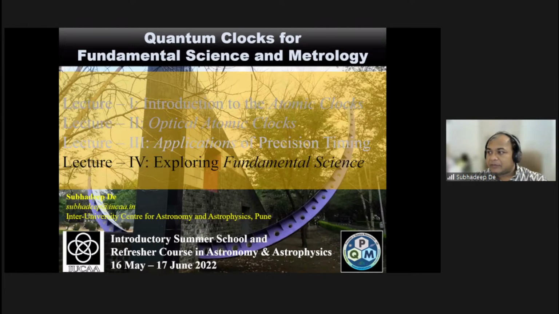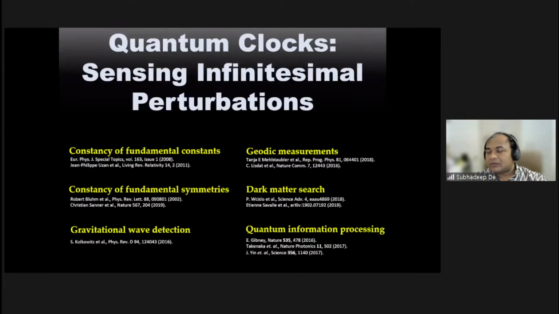So let's begin. As I said, it's basically quantum sensing using quantum clocks, measuring very tiny perturbations. It's extremely tiny, you can say it's negligible, but if we want to study the fundamental aspects of science, it's not negligible anymore.